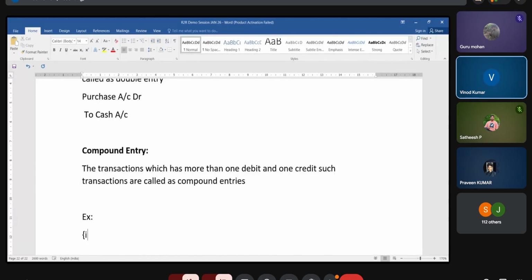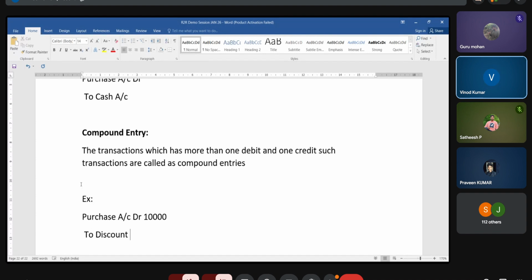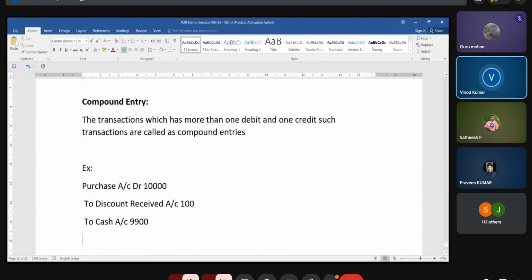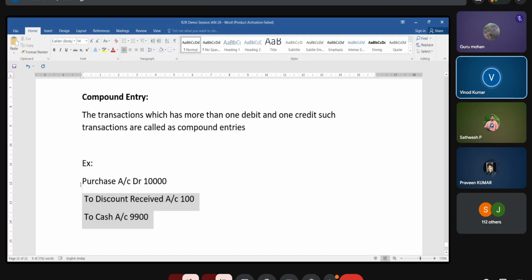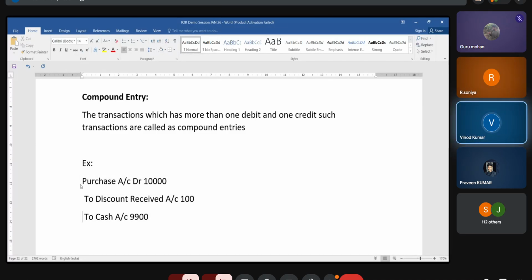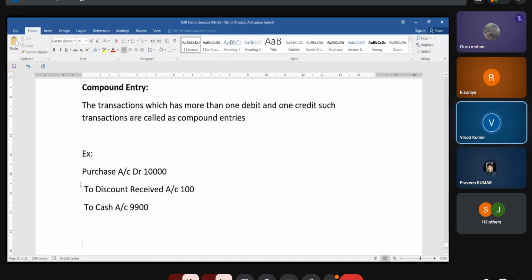For example, purchase account debit to discount received account 100 to cash account. How many accounts are involved in this transaction? There are two debits and one credit, or one debit and two credits. So this transaction is a compound entry.